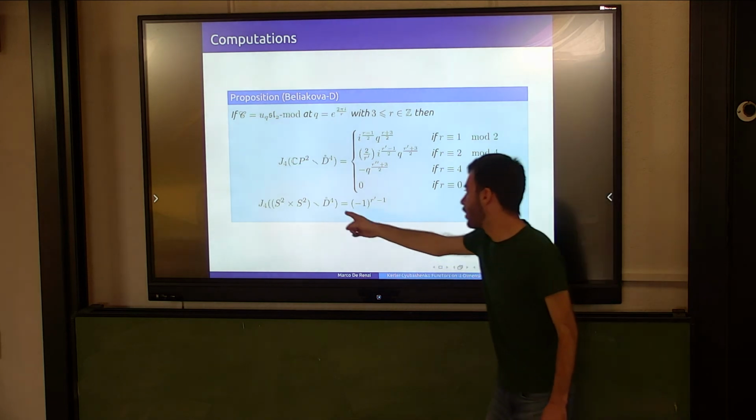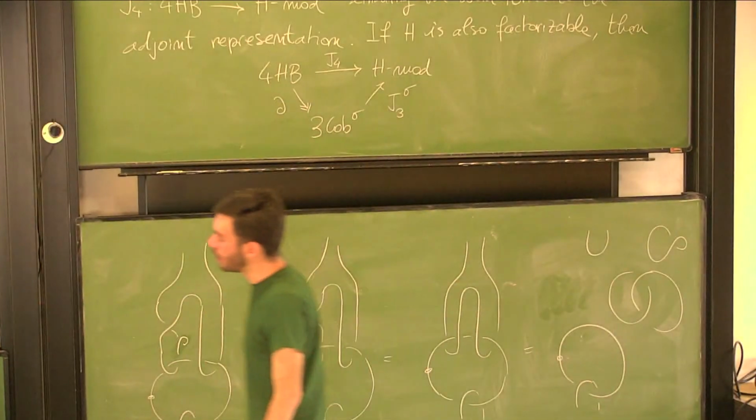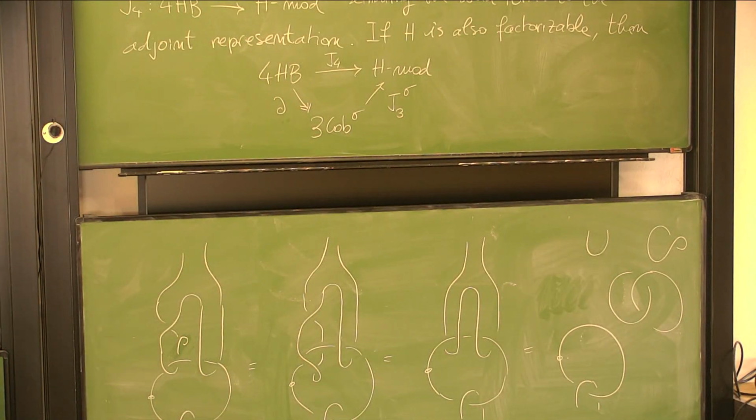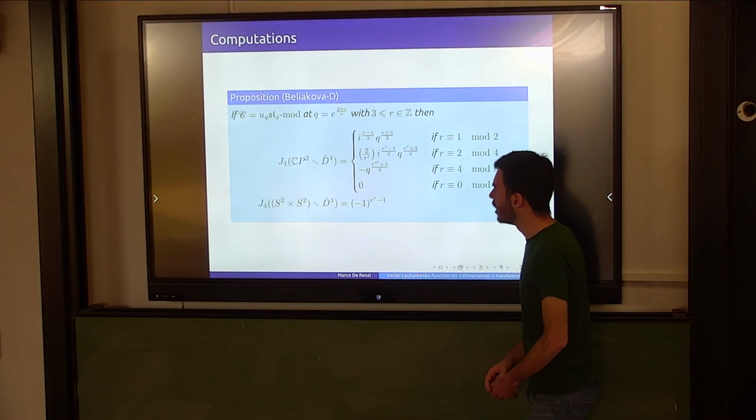And for S2 times S2, which is represented by this, S2 times S2 minus a 4-handle, which is represented by this diagram here. Again, the result depends on the parity of R, the parity of R prime, actually.